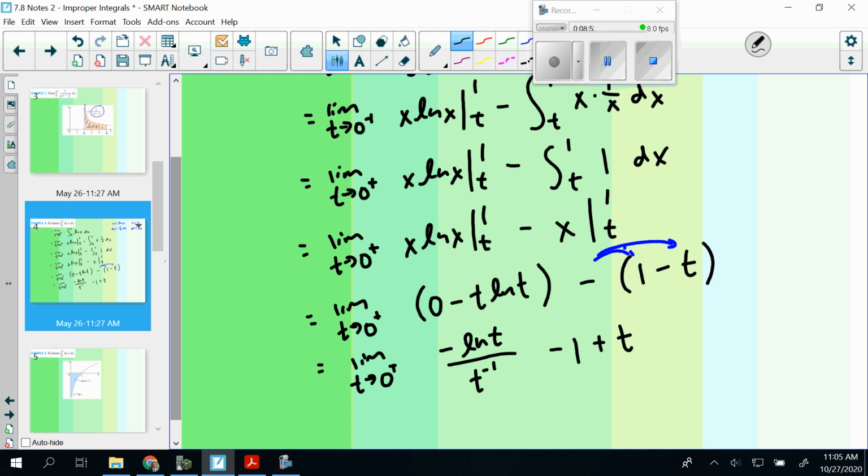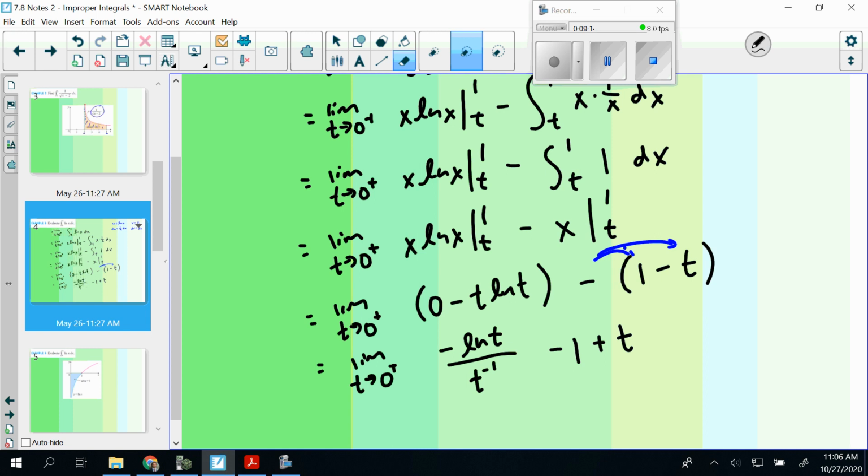So now if we apply L'Hopital's, the top here would be approaching the opposite of -infinity, which would be +infinity. As we approach 0 from the positive side, 1 over t is approaching infinity. Infinity over infinity, that's an indeterminate form we can use L'Hopital's with.